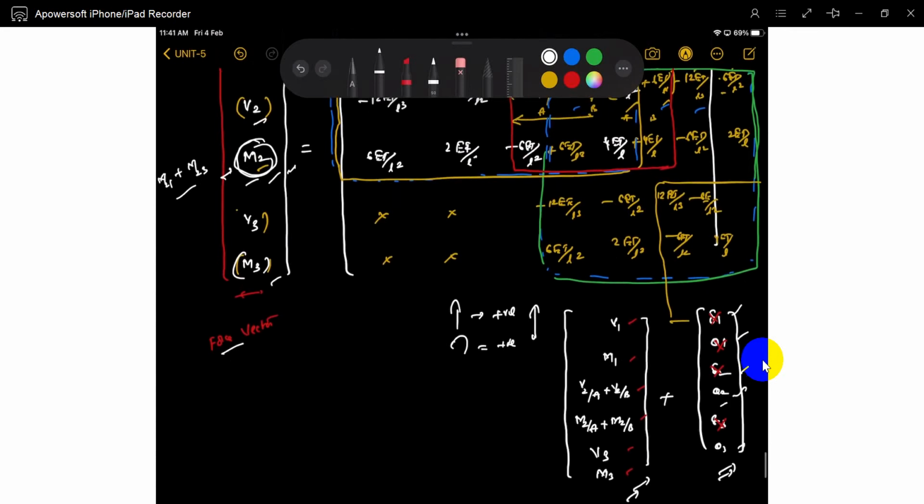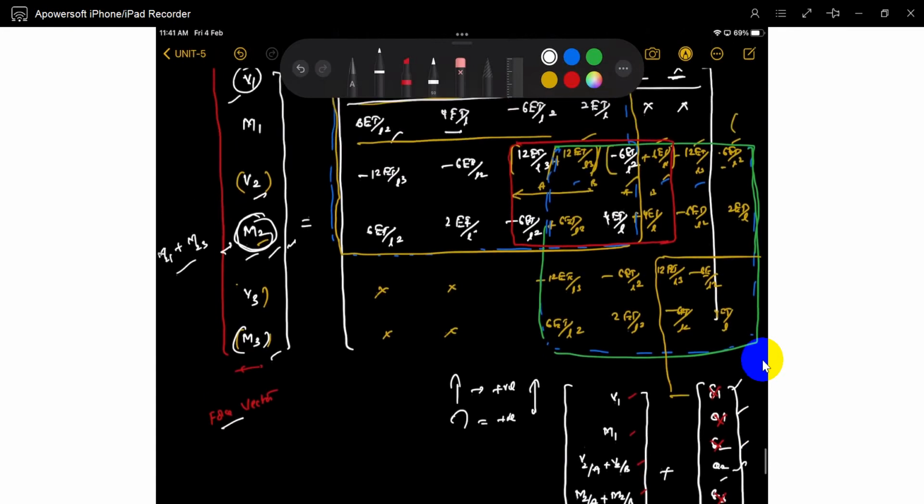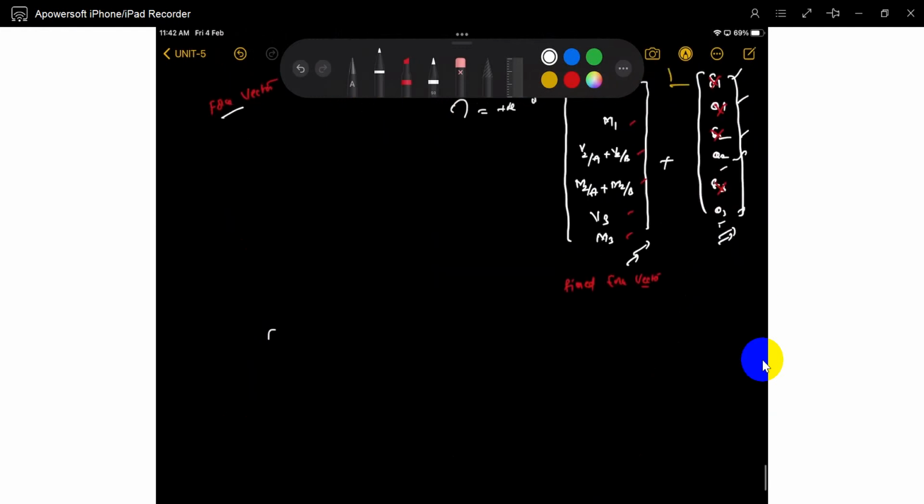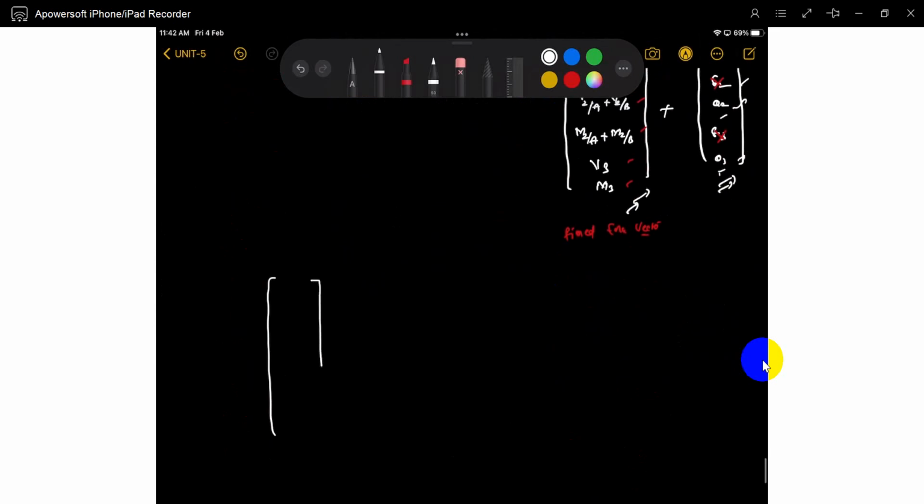Here the only unknown quantities are theta 2 and theta 3. By the application, I will write it in matrix form like this. Here, if you see, 1, 2, 3, 4, 5, 6, just a matrix form.